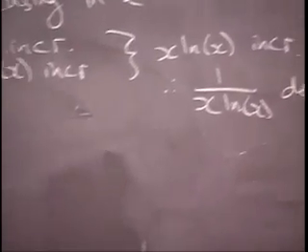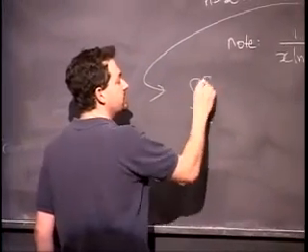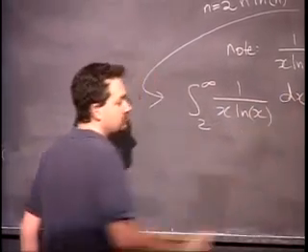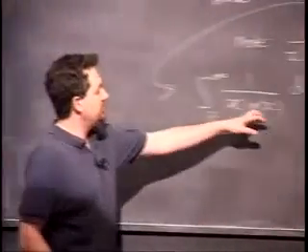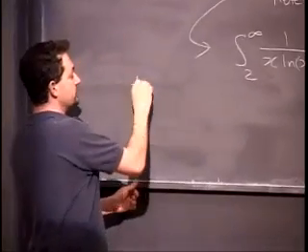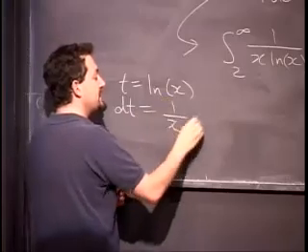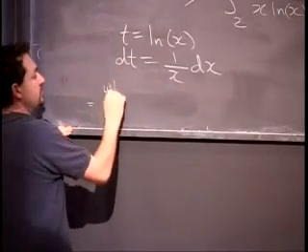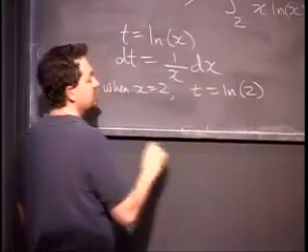But in any case, having said that, take a look at this integral. We want to just see whether the integral converges or diverges. Well, we've already looked at this problem a few weeks ago. We saw that the way to do it, given the tricky relationship between log x and 1 over x, is to substitute. We put t equals log x, so dt is 1 over x dx. Also, we've got to pay some attention to the bounds. When x equals 2, t is actually logarithm of 2.